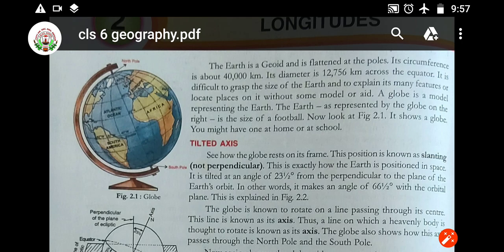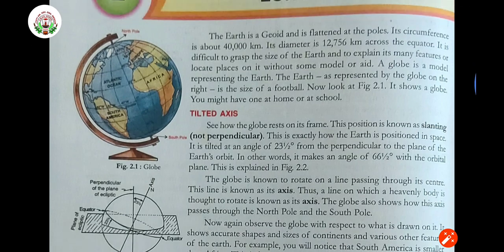Tilted means slanting, bent a little bit, not straight. The globe looks like that only. You can see on the frame the globe looks a little bit tilted. The position is known as slanting, not perpendicular. This is exactly how the earth is positioned in space. When you see it in space, the earth is bent, slanting like that only.